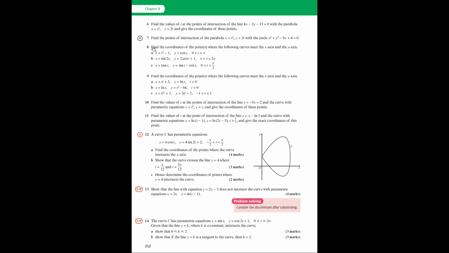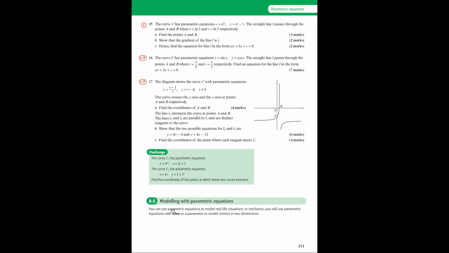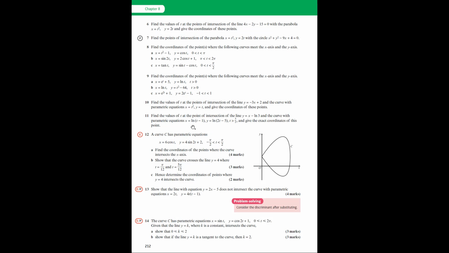And depending on how confident you feel then, maybe jump to question 10 and 12. Okay. But there are 17 questions, quite a lot. Depending on how your confidence grows, you don't have to do all of them. Good luck.